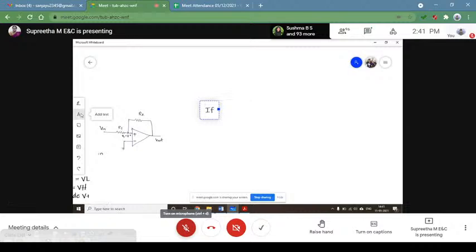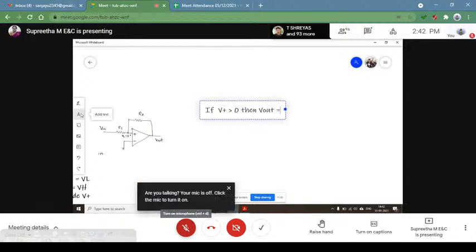Once you understand this, you can design any circuit, as you did it for your reference voltages. If V plus is greater than 0, what will be the output voltage for a non-inverting Schmitt trigger circuit? Then the output voltage would be VH.